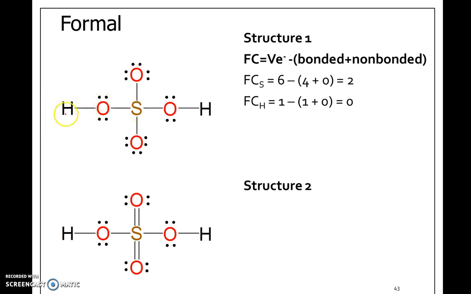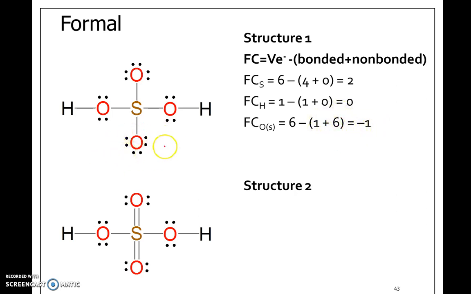This hydrogen has 1 bond, no lone pairs, no non-bonded electrons, so you have 1 minus 1 equals 0. The single oxygen still has a valence electrons of 6, has 1 bond and 2, 4, 6 electrons around it. So you have 6 minus 7, which is a -1.